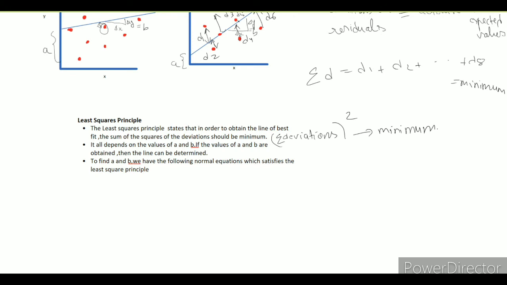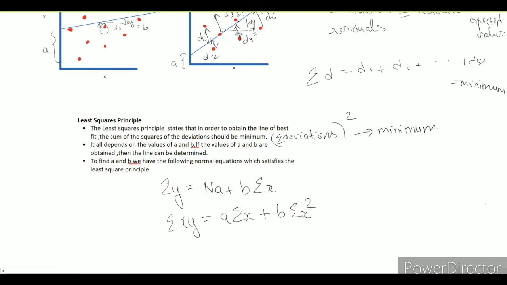To define a and b, we have the following normal equations, and they satisfy the least squares principle. How we obtained these equations, we won't show, but by solving these equations, we get the values of a and b, the value of the y-intercept and the slope, and based on these values we get the equation of the line of best fit.